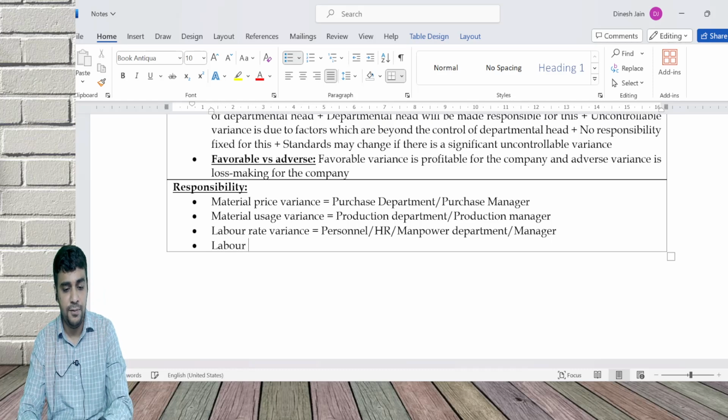And labor efficiency: the production department manager or foreman.